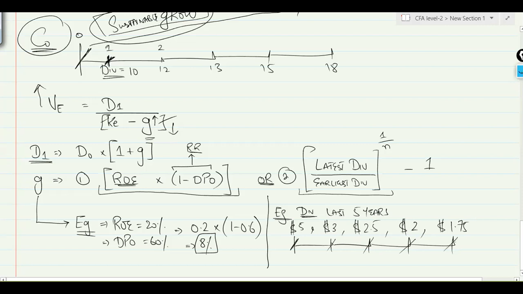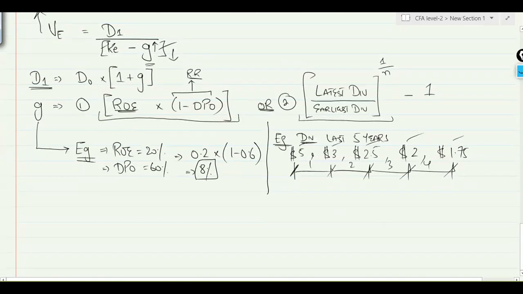You have been given data of how many years? 1, 2, 3, 4, 5 years of data. So you have been given 5 dividends. Now you need to watch me carefully. How do I solve this? Which is the latest dividend paid? That is $5.